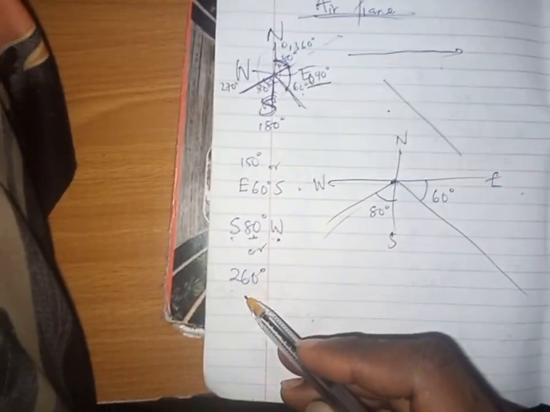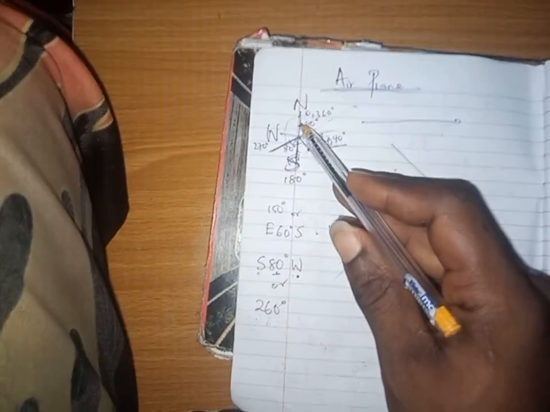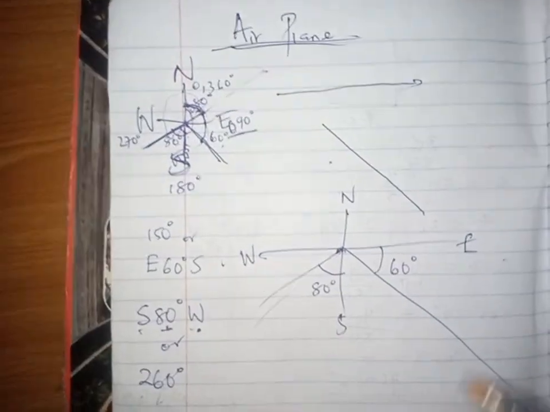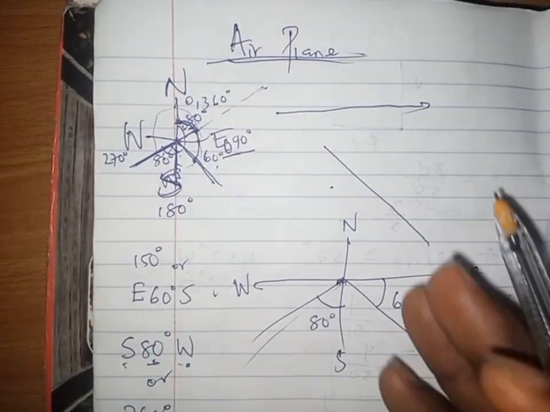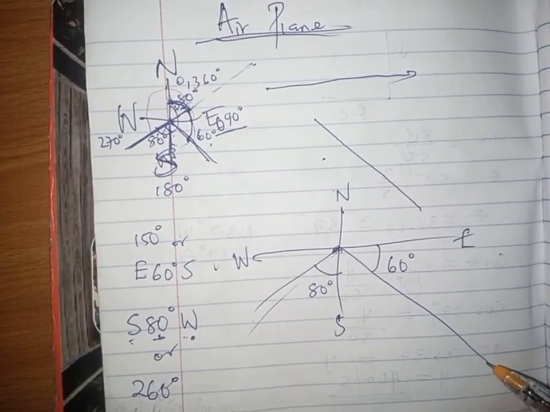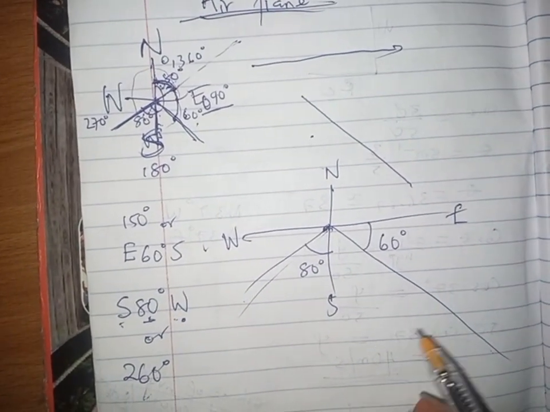If you don't remember this one, you can just start from the beginning, run it around, and you get the angle. Then join it. You now use the parallelogram method to solve.